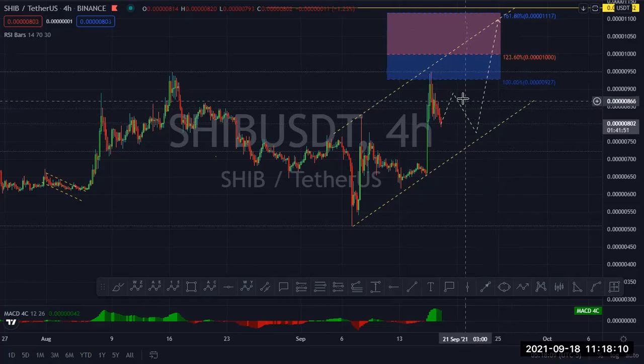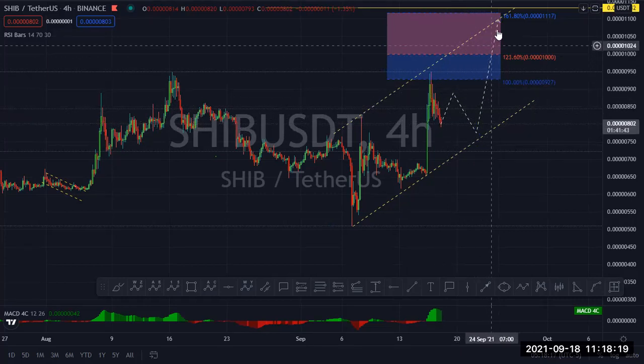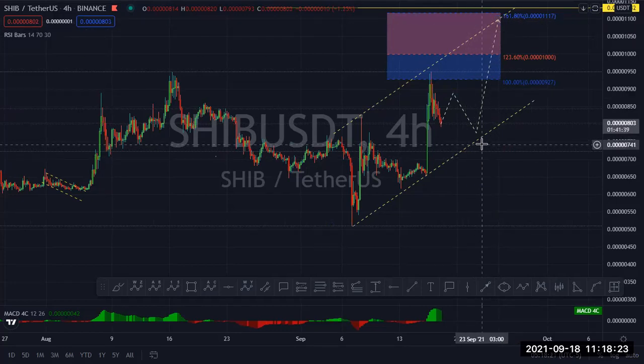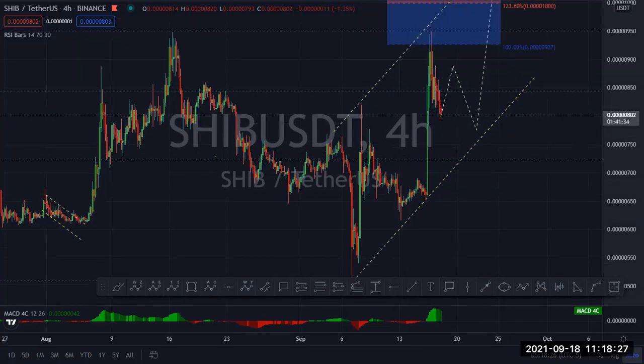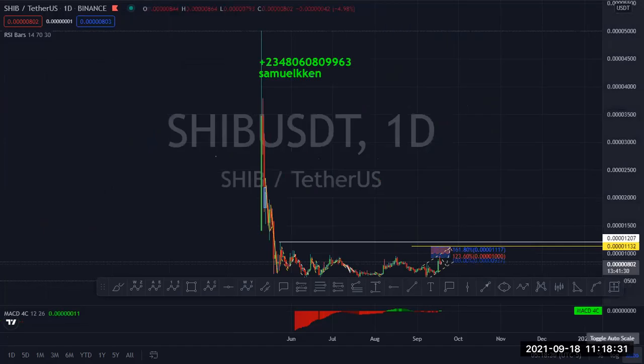That's all I see now. Another drop, then after that, the buying starts until Shiba gets to the highest high. It is still performing below expectation.